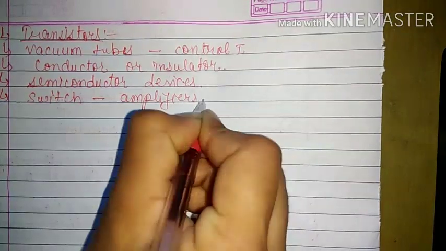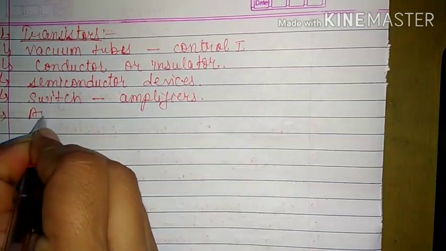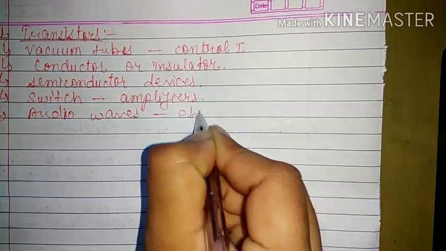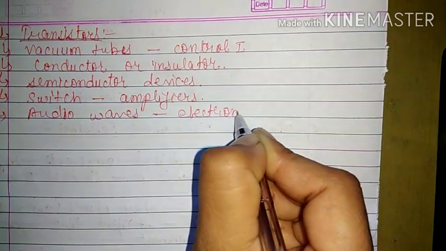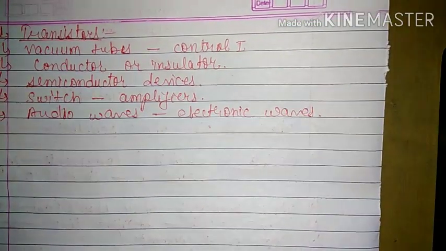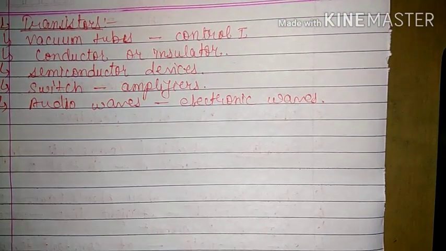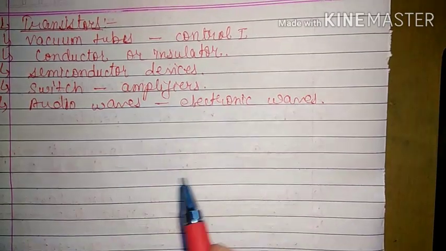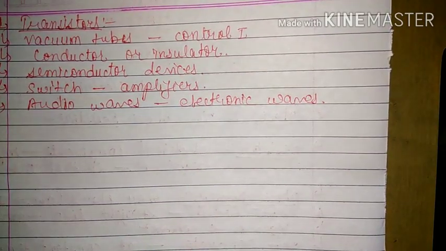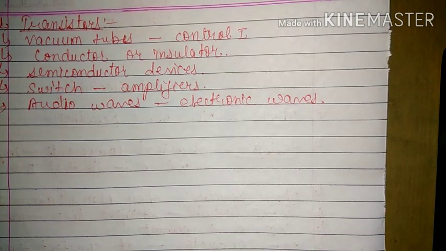One more thing is it converts audio sound into electrical waves. That's why it is also used in audio, video, CCTVs. So these are the transistors. Most of the things which act as a switch make use of non-ohmic resistors.